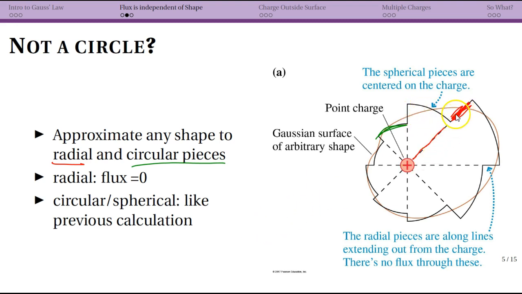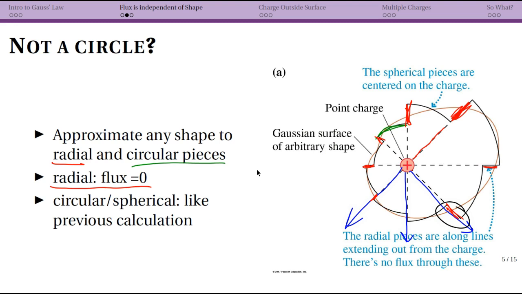Now everywhere that I have a radial piece, my flux is going to be 0. Why is that? Well, I know that my field points out this way. And so, like here, in fact, no flux is pointing through my surface. That's why we were talking about parallel and perpendicular surfaces. So all of the radial pieces do not contribute to flux. But then you have all of your different circular pieces.